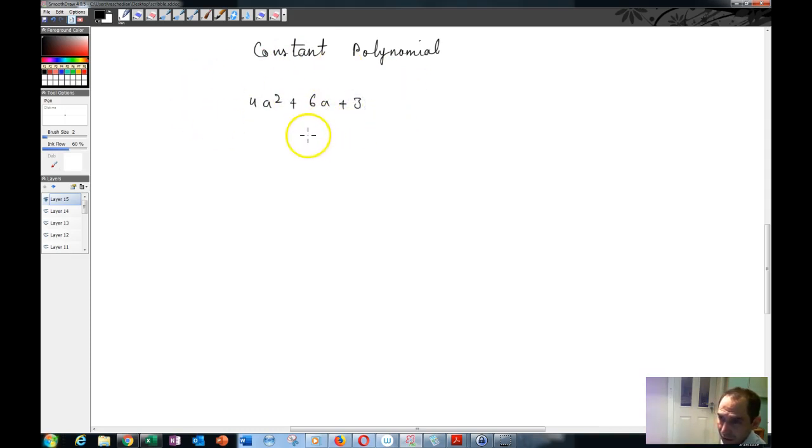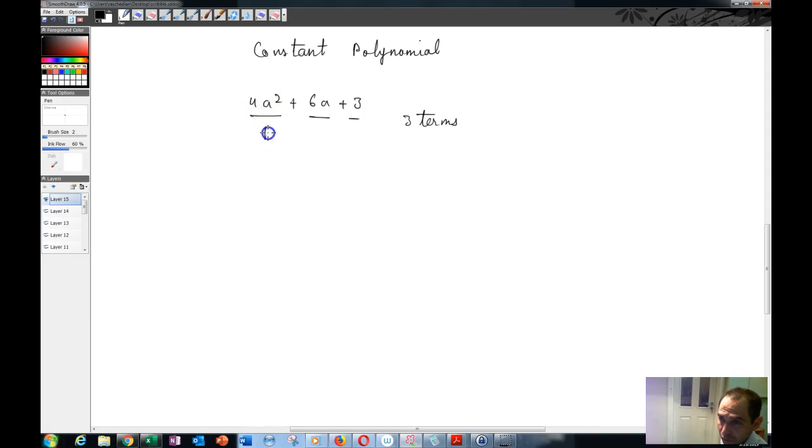In this polynomial you have 3 terms, and you have 3 terms because it's not possible to add a squared and a together, so they become 2 different terms of the polynomial.